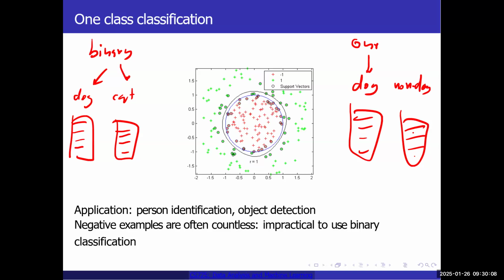It can be cat, it can be tiger, it can be snake, it can just be a random image, right? So for binary, you need to collect the data for each class. For one class, for the answer no of the class, you can just take any image, as long as it's not dog.